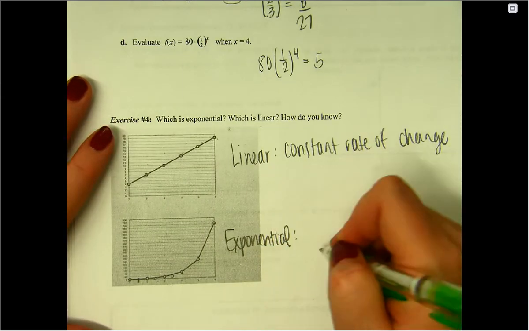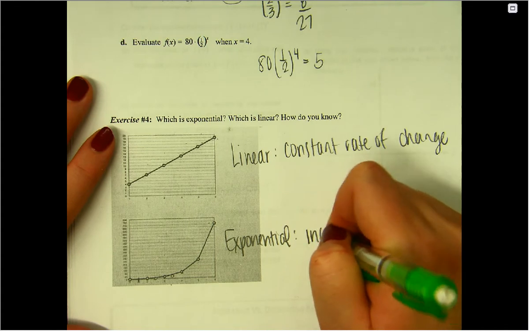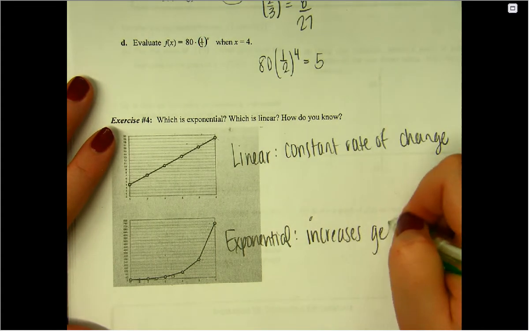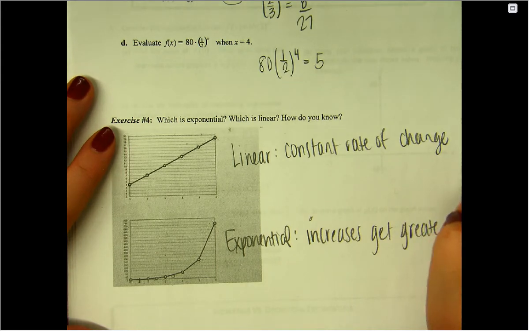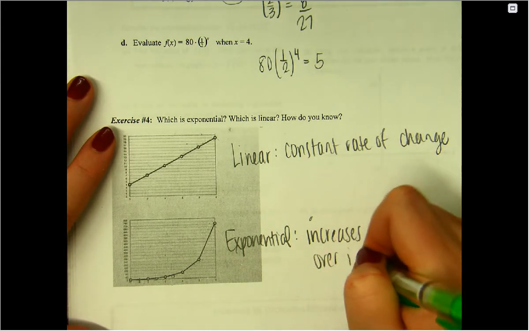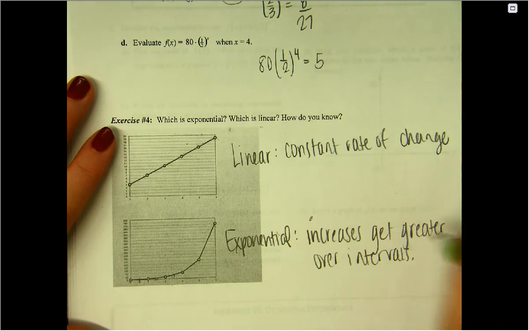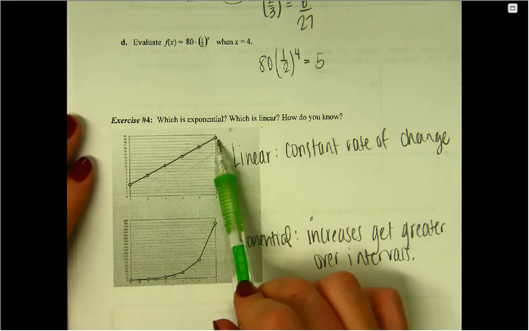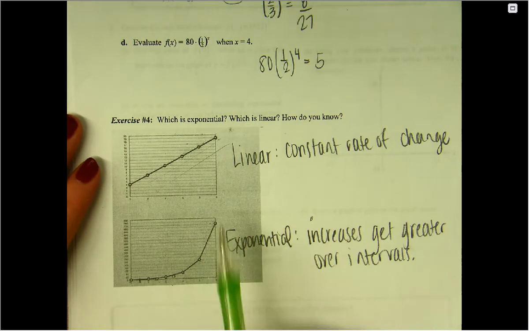So exponential increases get greater over intervals. Constant rate of change doesn't change, exponential increases a lot.